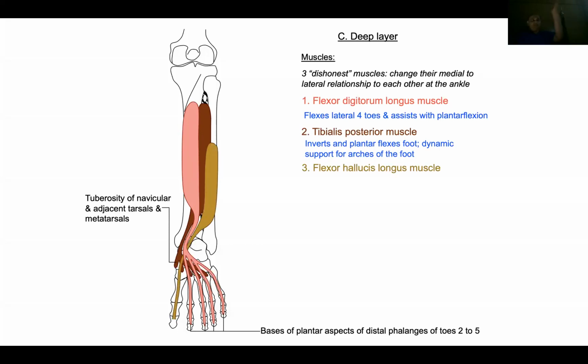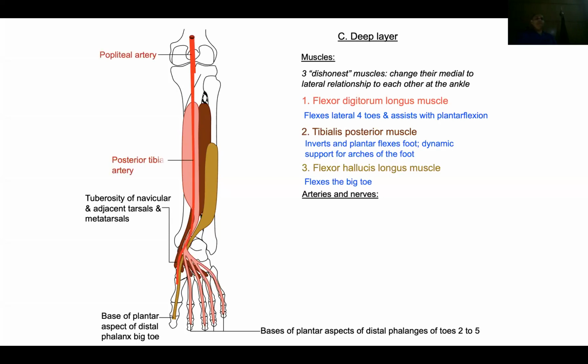It was all the way on the lateral side and it moved to the medial side. So if I track from the medial side, I will be expecting upwards, but it's coming all the way in a different direction. So there's a big crossover at this place. So tendons are changing their position. That's why, for fun, we call it the dishonest group of muscles. This is not a clinical term. Don't use it.